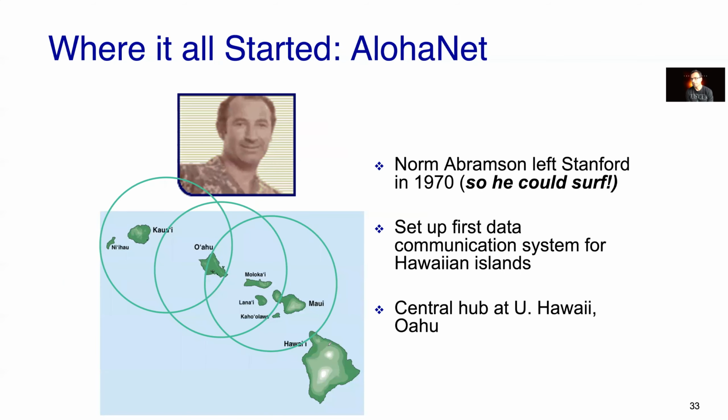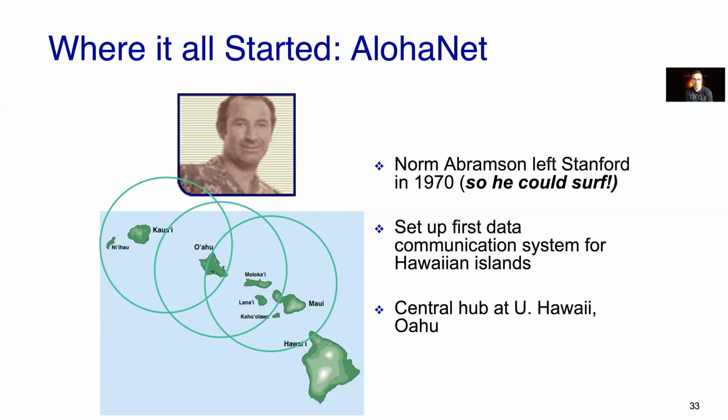A little bit of history: where this whole family of protocols comes from can be attributed to Norm Abramson. He used to work at Stanford and was involved in some of the earlier designs of the internet protocols in the 70s. He moved to Hawaii. Apparently he liked surfing. And as you may know, Hawaii is a collection of islands.